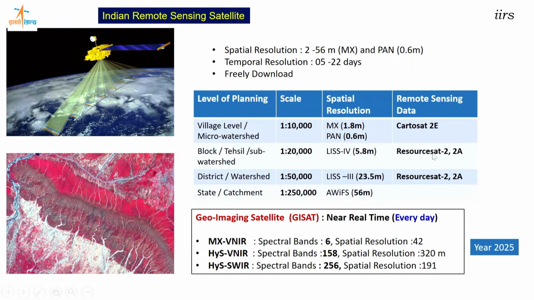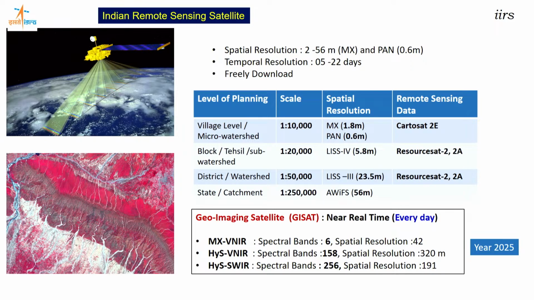For that we can use Resourcesat-2 satellite data. For 1:50,000 scale mapping, or district level mapping, you can use Resourcesat-2 and 2A satellite data from the LISS-3 sensor, whose resolution is 23.5 meter. For state or catchment area we go for 1:250,000 scale, where we can use AWiFS remote sensing satellite data.